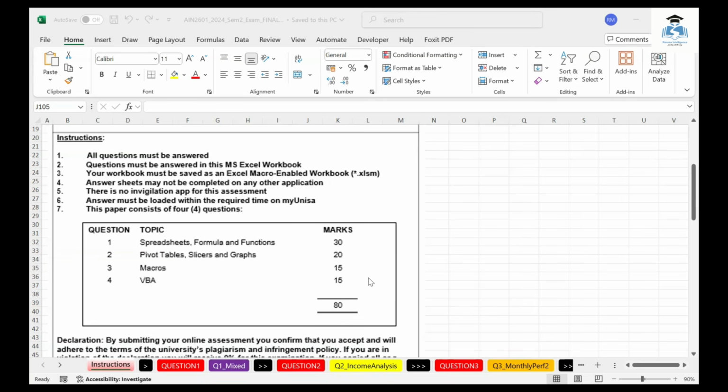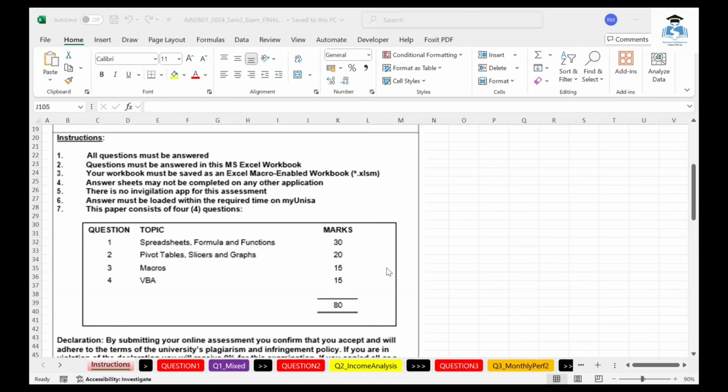And what I also emphasize is, don't skip an assignment. Try by all means to write all the assignments so that it can help you when they are grading the marks, so that you will be able to score better marks.